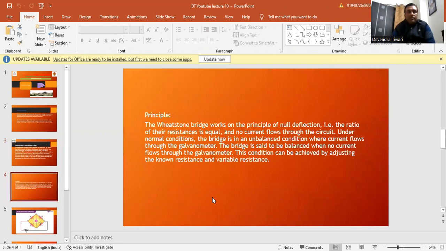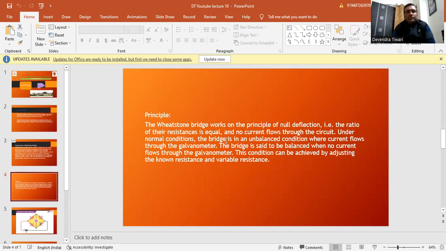Principle. The Wheatstone bridge works on the principle of null detection, or null deflection. That means we have used a galvanometer here which will show you null deflection.